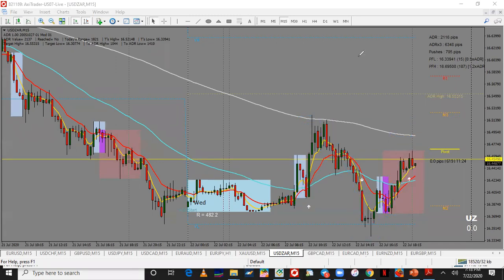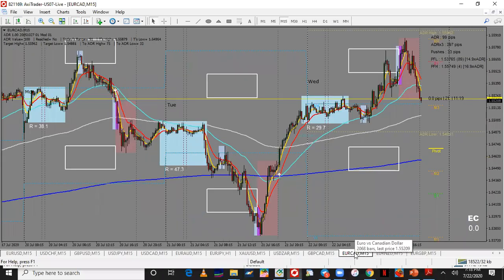Let us have a look at EuroCAD. EuroCAD had a buy trade around this point here, but this high trade was around M3 pivot. Though it was just below it, in between the CPP and M3, this was not a very favorable trade to take.